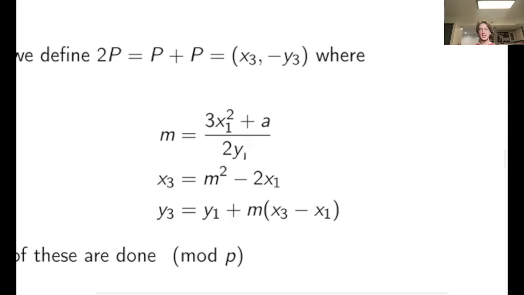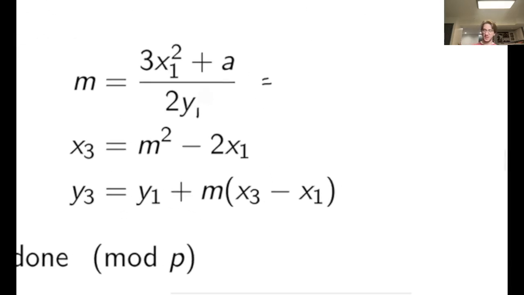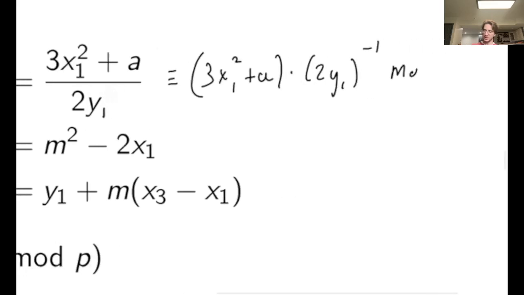We looked at the slope of the tangent line, which was 3x1 squared plus a all over 2y1, and again, this is going to be done mod p, so this should really be written like 3x1 squared plus a times 2y1 inverse mod p. Okay.